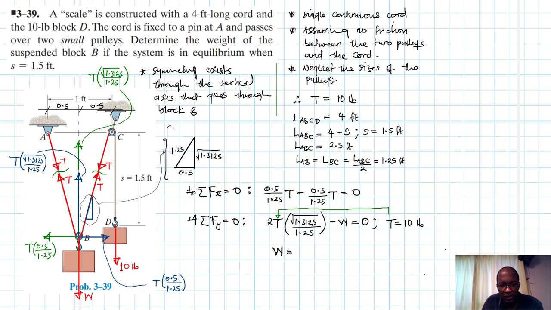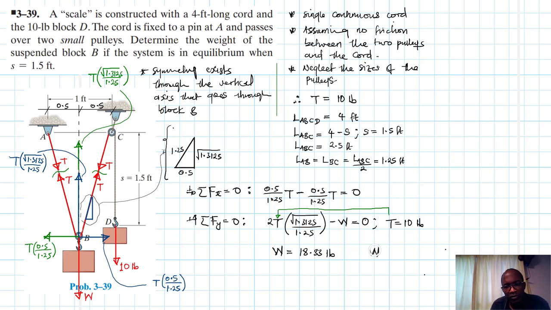And once we do so, then we can find W. So grab your calculators, begin to work. So root of 1.3125 divided by 1.25 times 10 times 2. So this gives us W is equal to 18.33 pounds. All right.